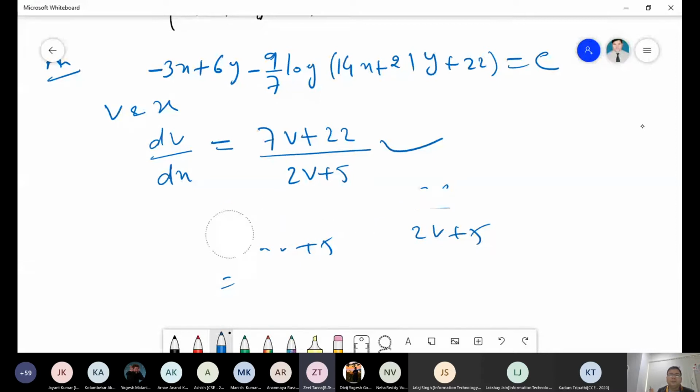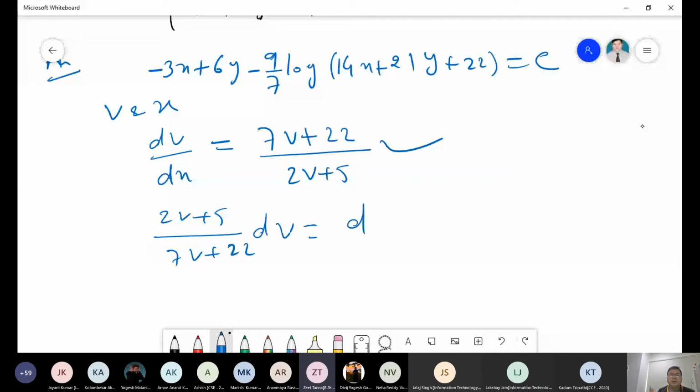So when you make it dv by dx, this is (2v plus 5) upon (7v plus 22) dv equal to dx, correct? You can divide this 7v plus 22 by 2v plus 5, right?